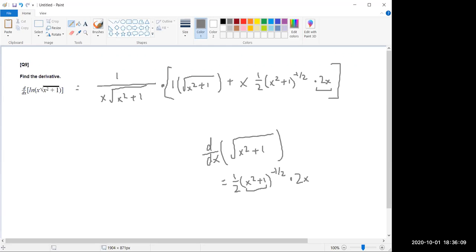Question 8. I believe question 8 also had a typo, but let me go over it first.